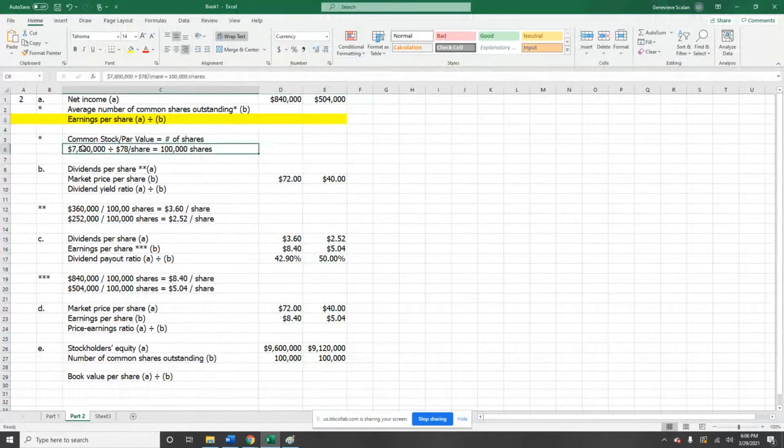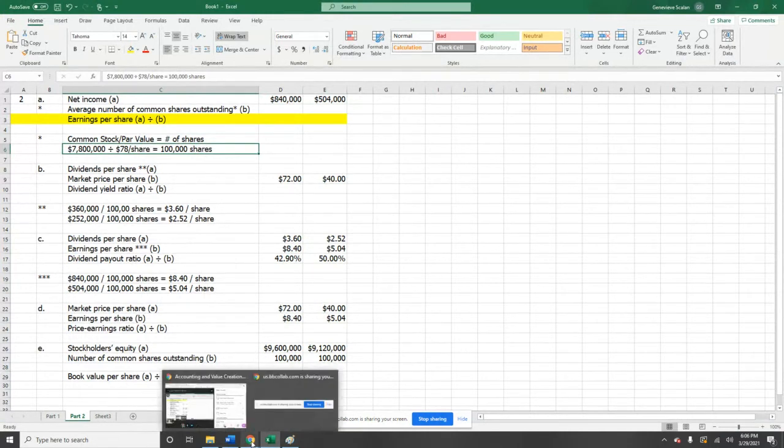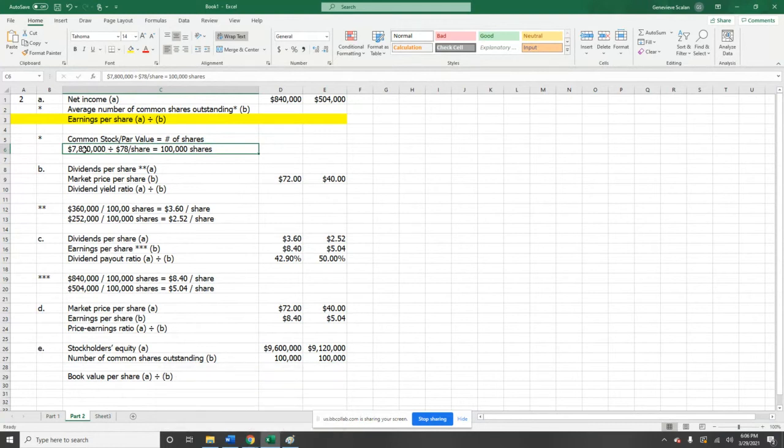So what I did was take the $7,800,000 balance from the common stock and divide it by $78 per share, right? Because that's what they're telling me. There's no paid-in capital in excess or anything like that. So there's my common stock balance, there's my par value, and it's 100,000 shares.